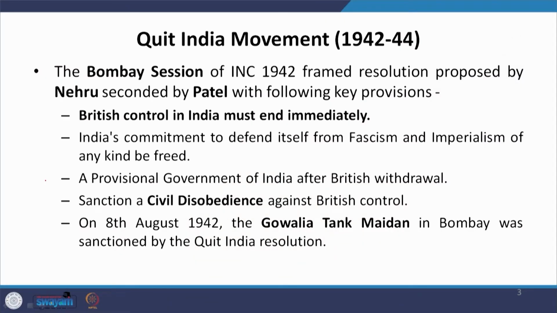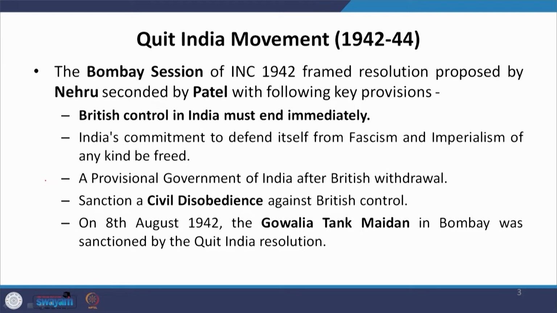We see that the Bombay session of the Indian National Congress in 1942 framed the resolution proposed by Jawaharlal Nehru and seconded by Sardar Vallabhbhai Patel, and it had the following key provisions. A, British control in India must end immediately. That was the first provision that INC proposed.